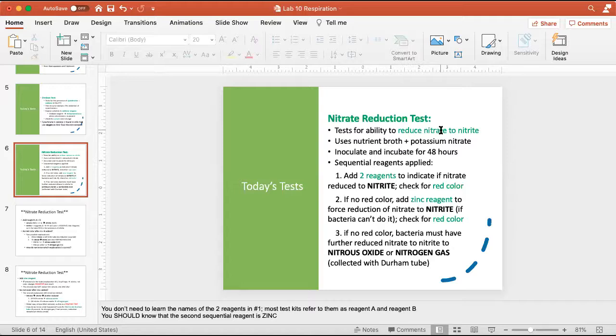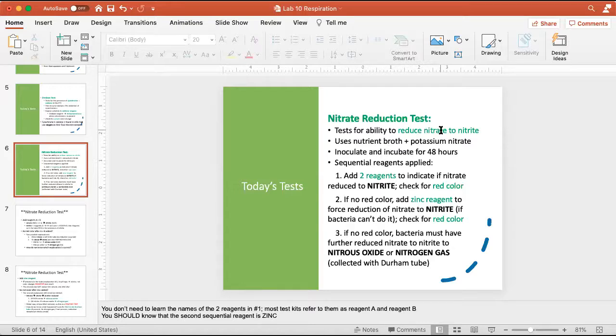Now, here's where it starts to get complicated. When you take the tube out of the incubator, it's going to look like nothing has happened because nitrate reduction test broth is just beige. It's very boring looking. When you put it in the incubator, it's going to be beige. When you take it out of the incubator, it's going to be beige.